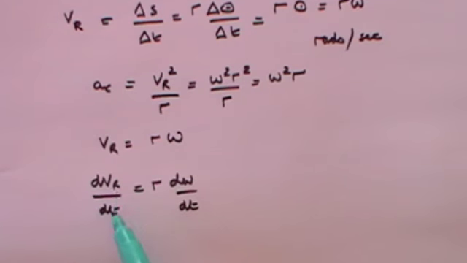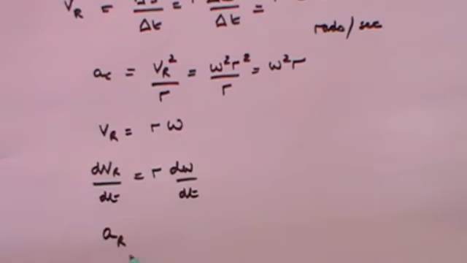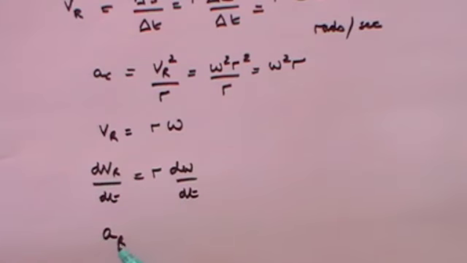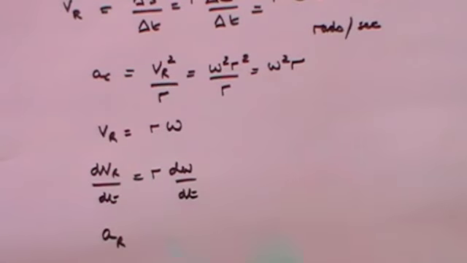The rate of change of velocity is just acceleration, but this is now the rotational acceleration. This is not the centripetal acceleration. This is the acceleration which tells you how much faster a body is going to go if you accelerate it.